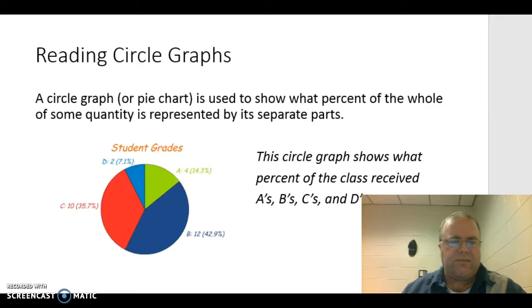And the last kind of graph that we're going to be looking at is called the circle graph, or more commonly known as a pie chart. This is where we look at each item as a percent compared to the whole.